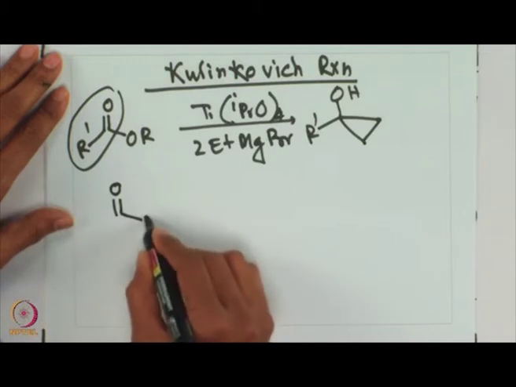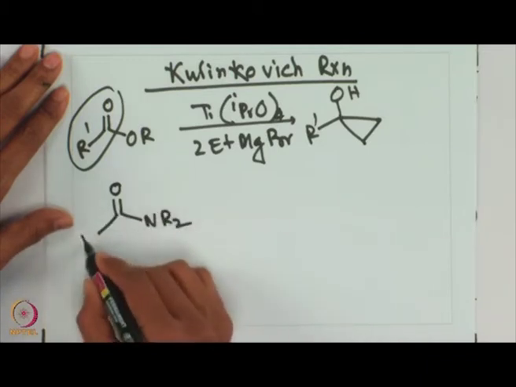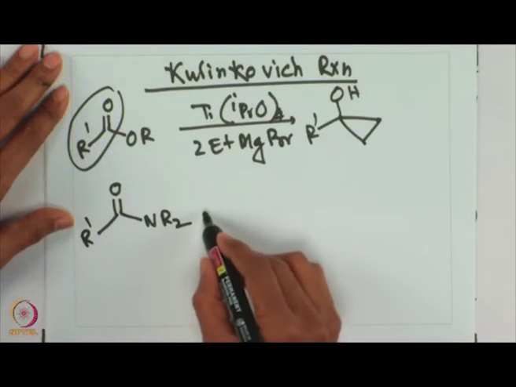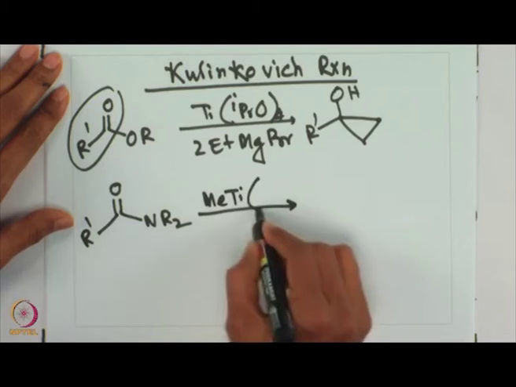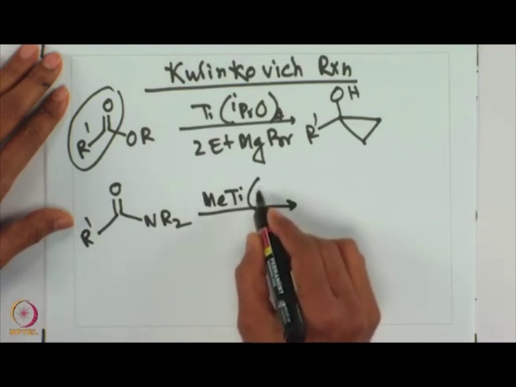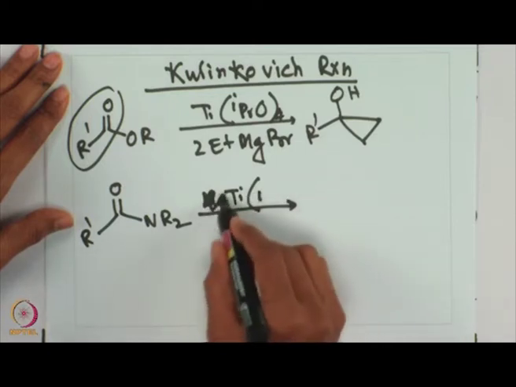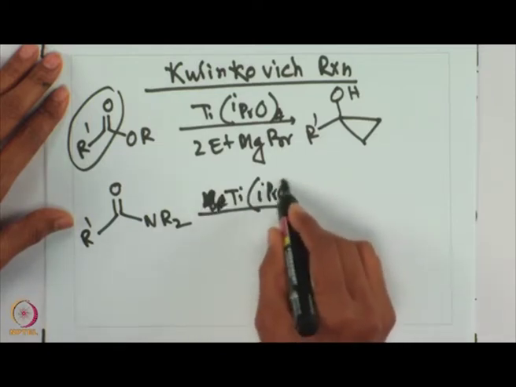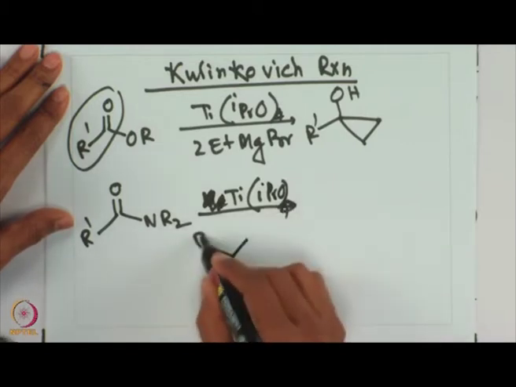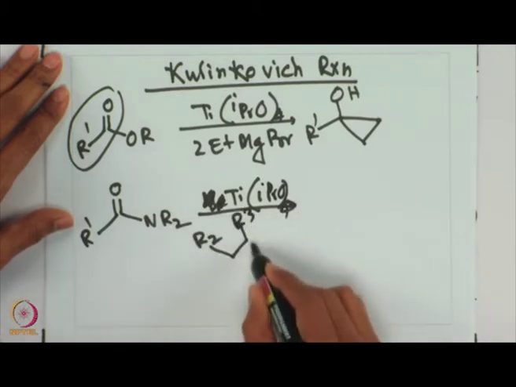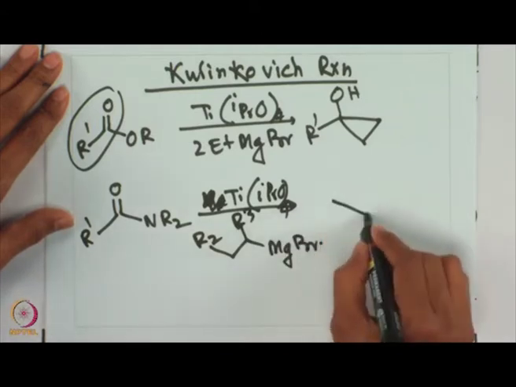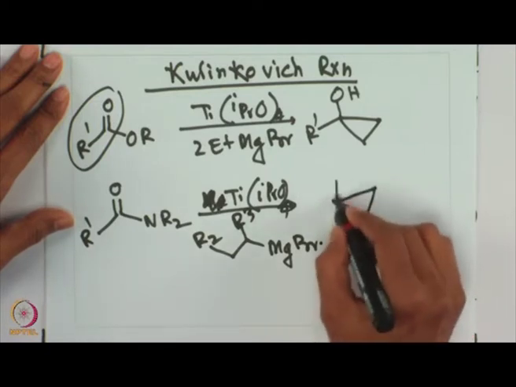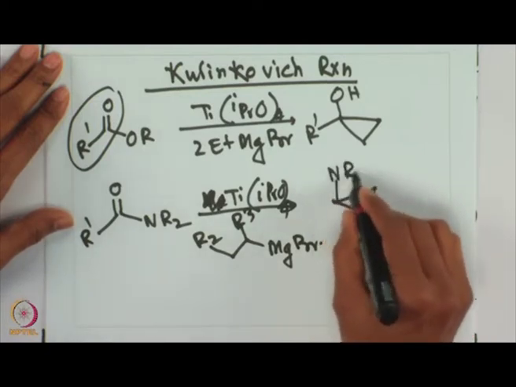If you are taking an NR2 amide, you can have an amine substituted cyclopropane. In this case methyl titanium isopropoxide was taken as the reagent, and if you are taking R2 and R3 as the reagent, we will have cyclopropane ring formation with the amine substituent.